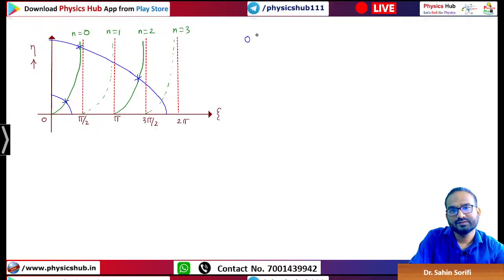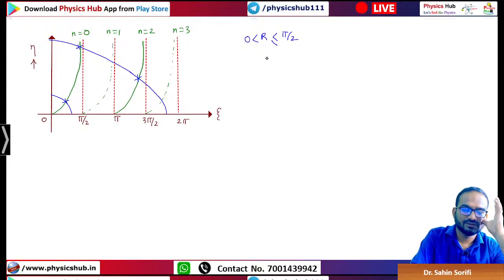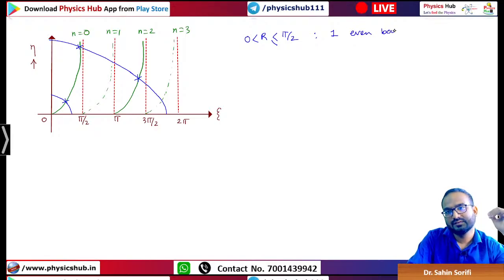If you take the radius 0 to pi by 2, you can see it has only one even bound state.